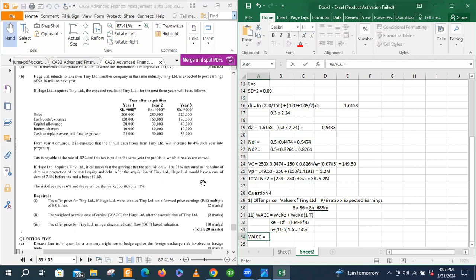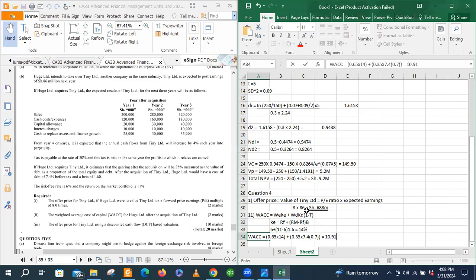So therefore, WACC equals the weight of equity 0.65 times 14, plus 0.35 times pre-tax Kd, which was 7.4, adjusted for tax, so times 0.7. WACC is 10.91.